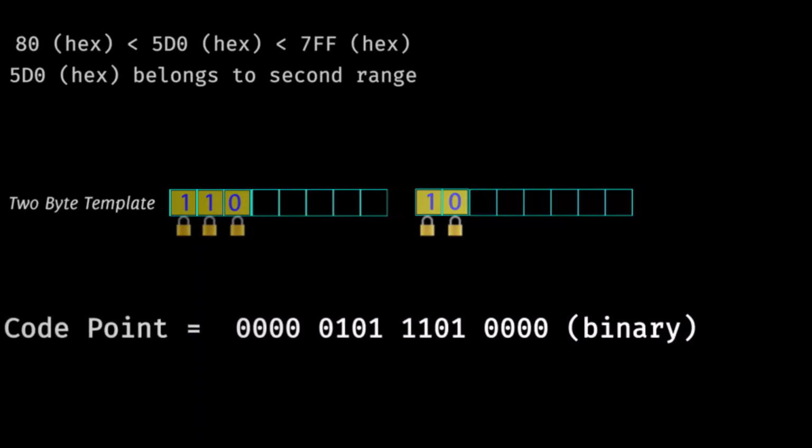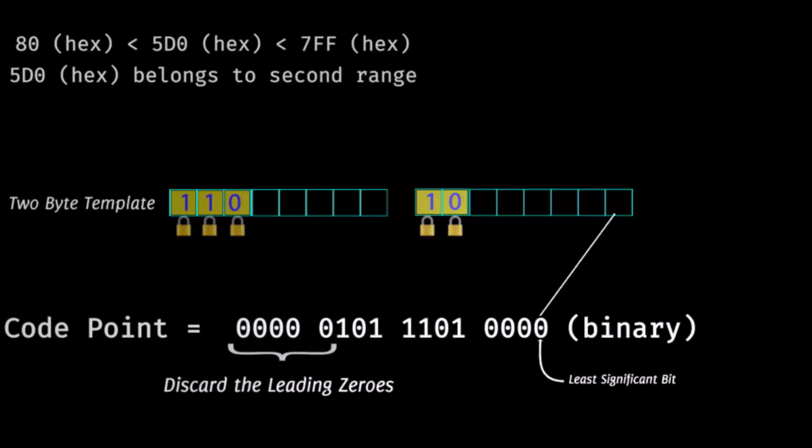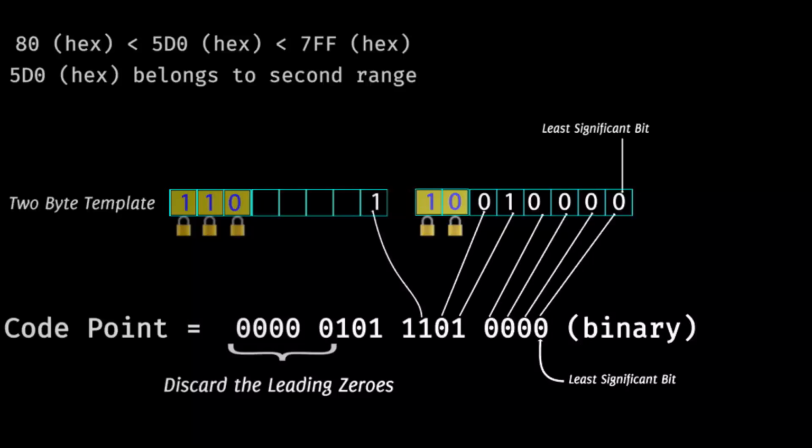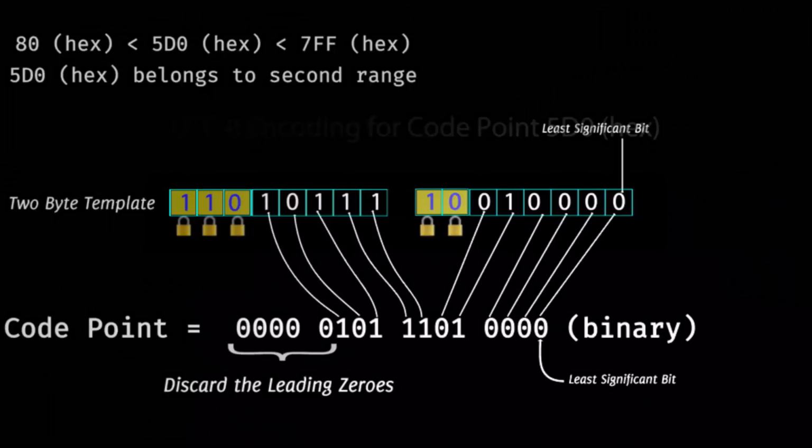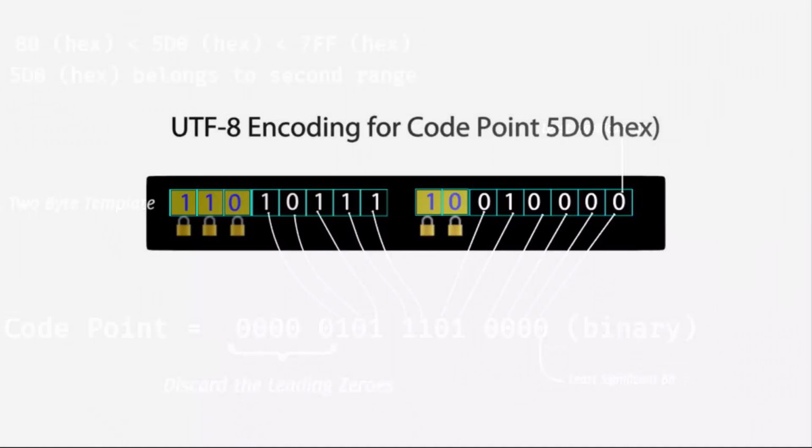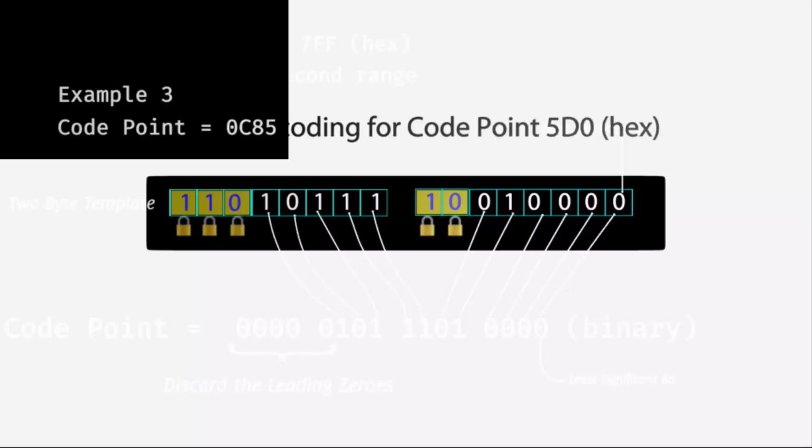This is the given code point in binary. Remember not to use the leading zeros. Copy the bit in the LSB position from the code point to the template. Copy the remaining bits in an orderly fashion. And that is it. We now have the encoding for the code point 5D0 hex.